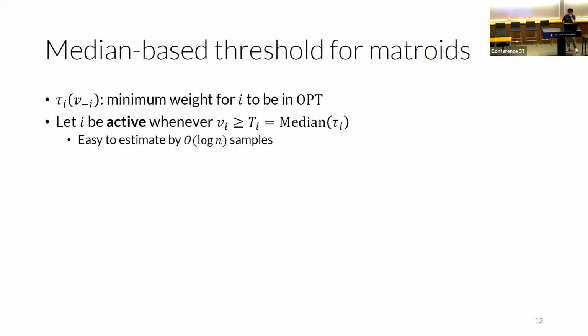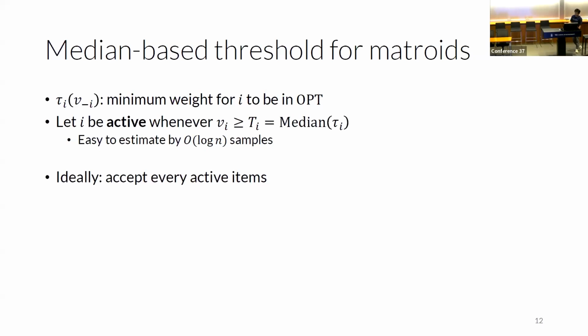Our threshold strategy is very simple. We call item I active whenever its value is greater than the threshold, which is the median of such tau I. The good thing about this threshold is that it's easy to estimate by log samples in the quantile space, I mean.